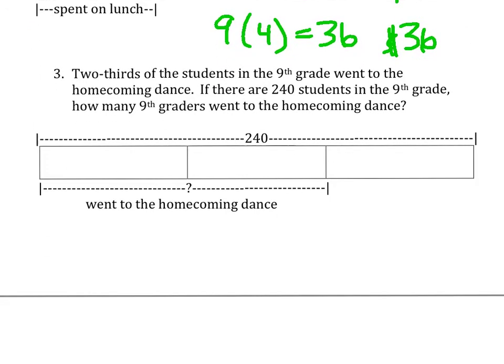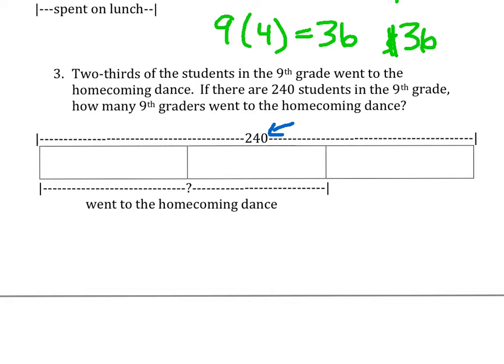Okay, number 3, 2/3 of the students in the 9th grade went to the homecoming dance. If there are 240 students in the 9th grade, how many 9th graders went to the homecoming dance? Okay, so this is kind of like our 2-step problem here. Very similar. We have the whole, and we're looking to identify the parts, right?